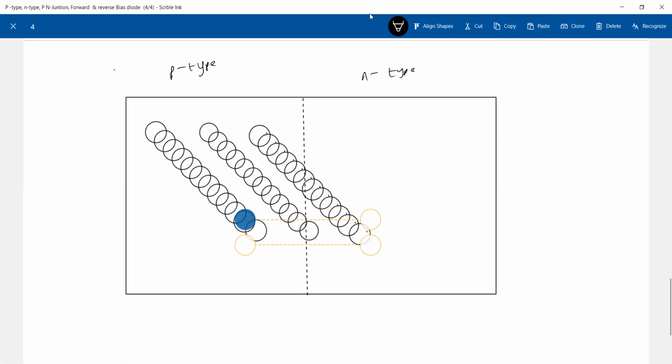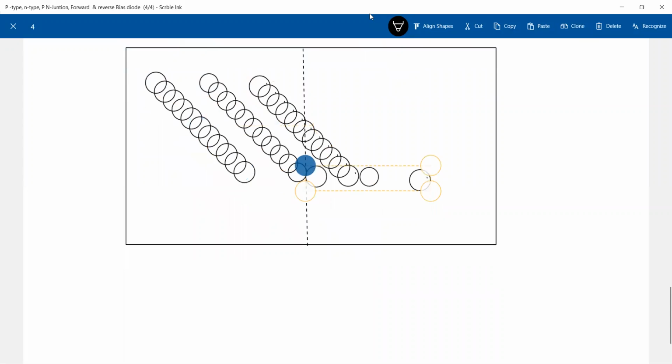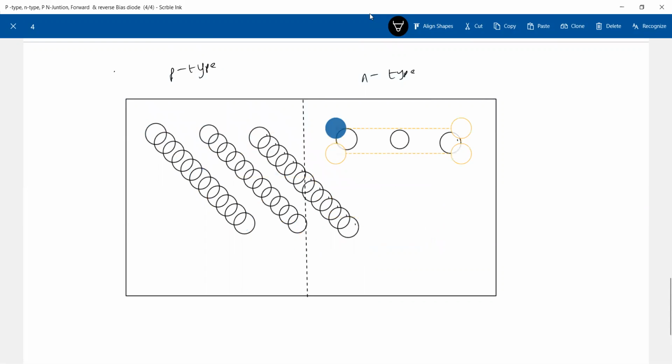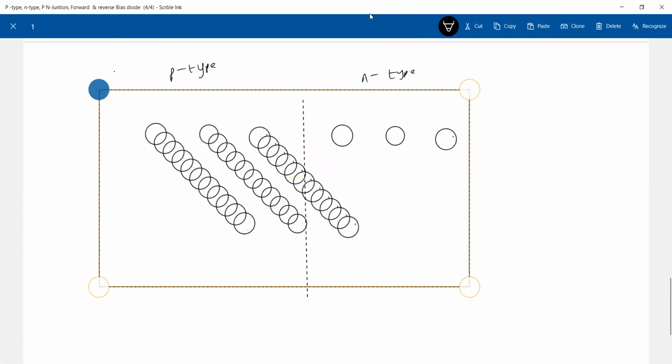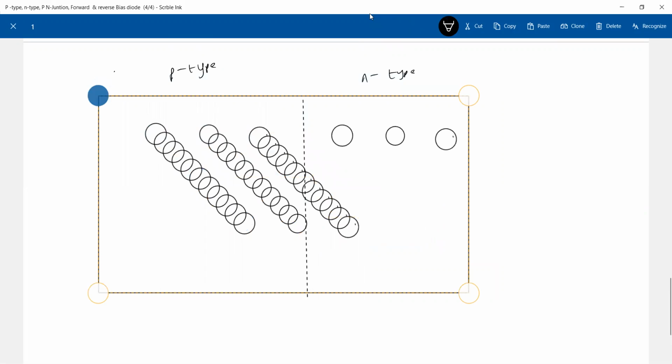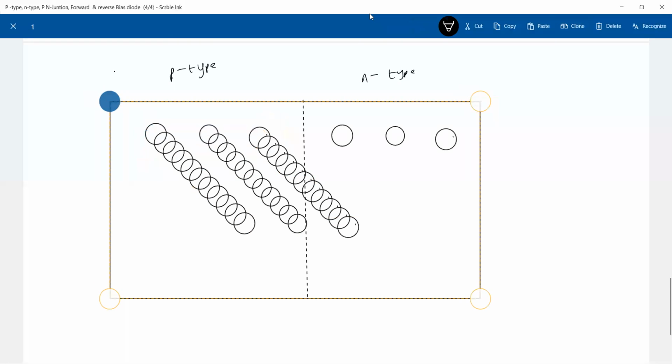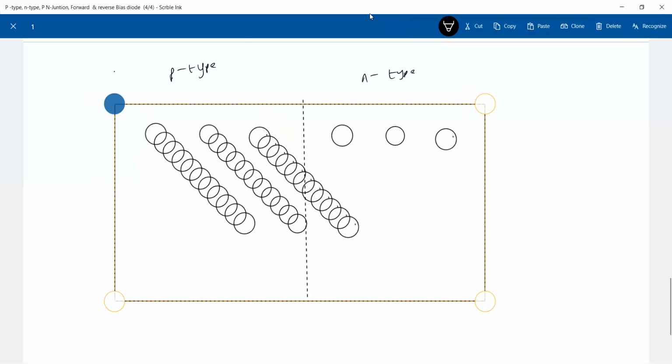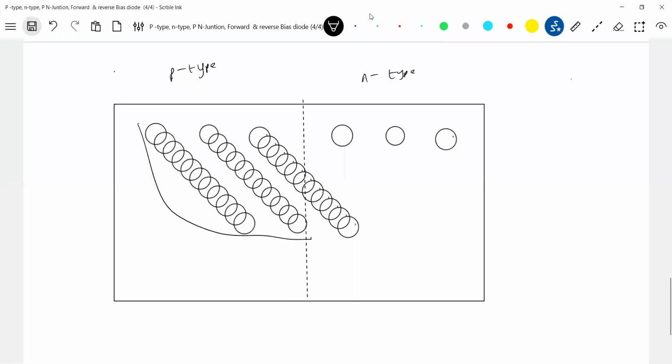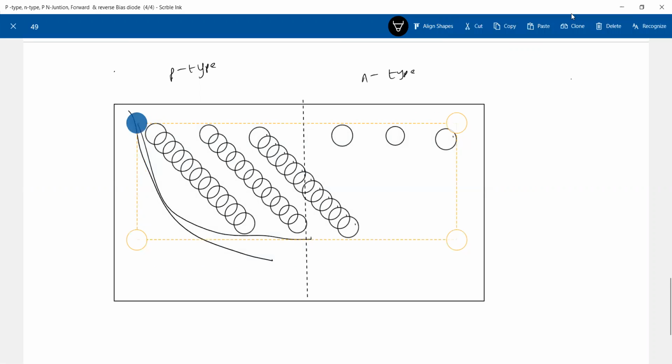What happened? I think I'll reconstruct it. It is not responding.